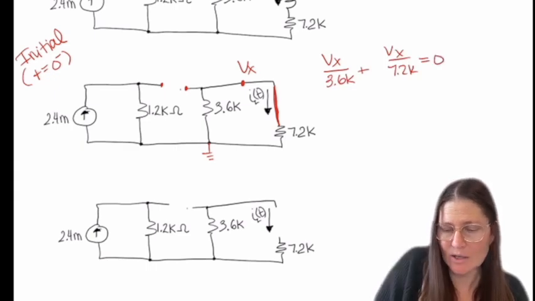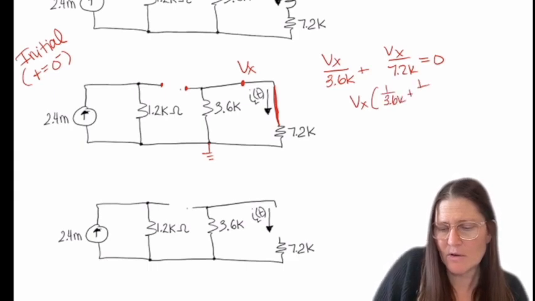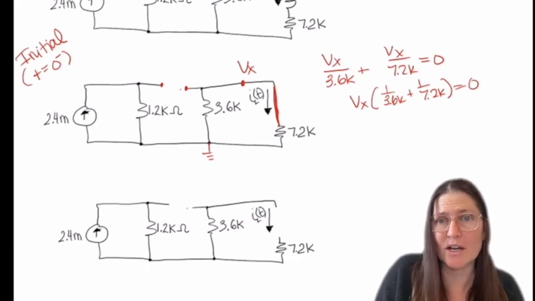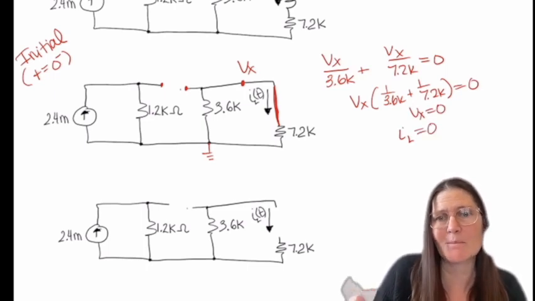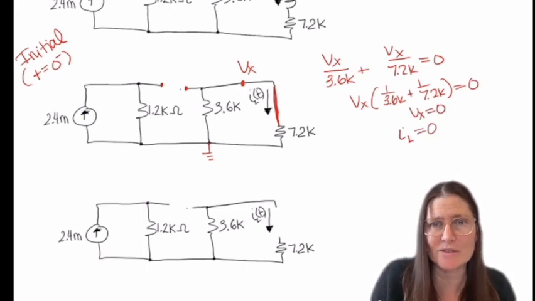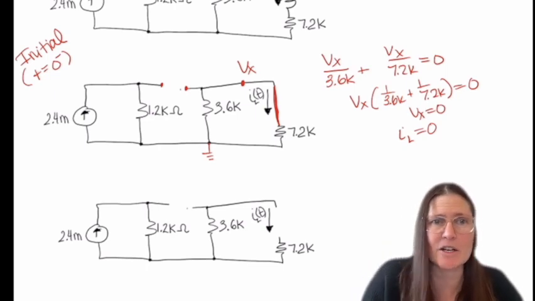Combining those, I get Vx and this number, and then I divide 0 by that number, and I'm still going to be left with 0. So if Vx is 0, IL has to also be 0. That's mathematically how I could find that it was 0 if I didn't see that already.